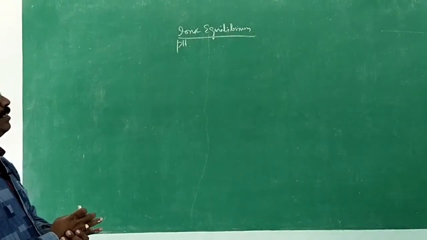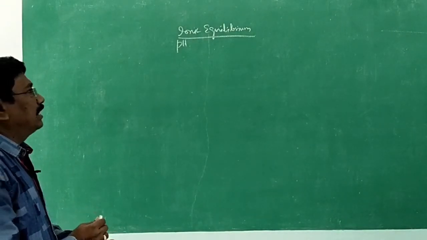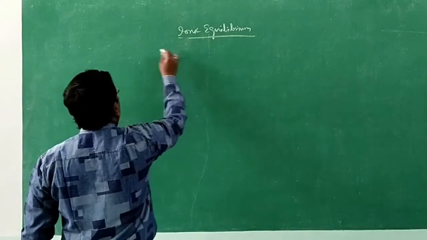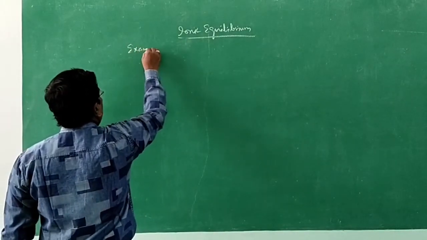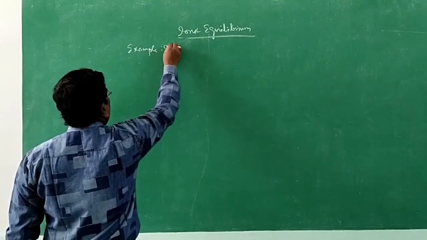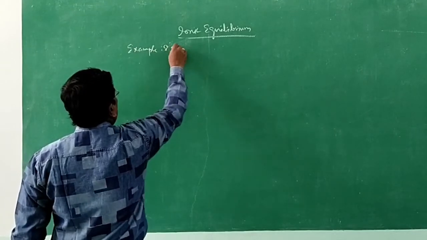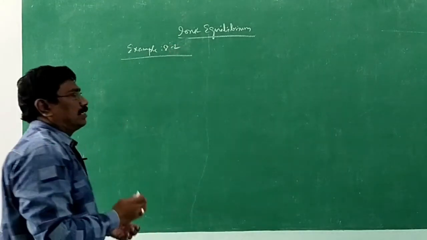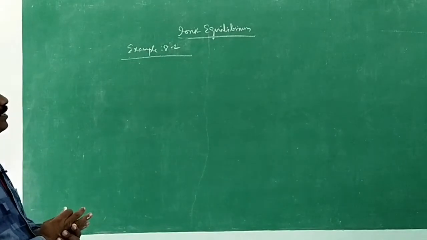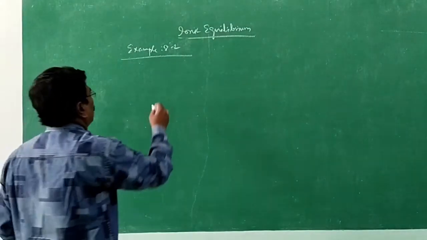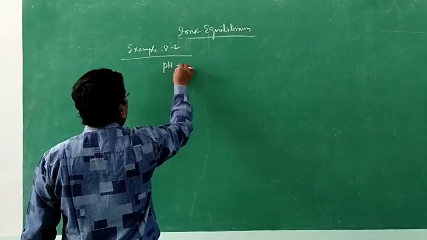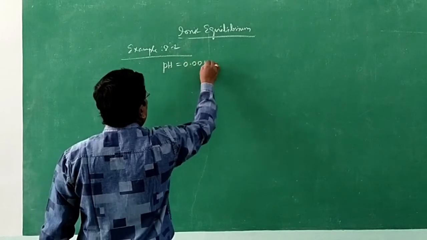All right. So pH, very first example, 8.2. It is for the calculation of pH of 0.001 molar HCl.